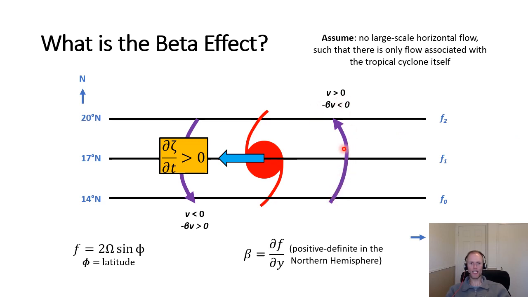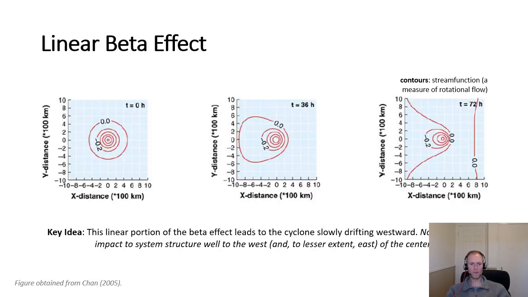The flow is from south to north, or along the positive y-axis, so V is positive. Beta, of course, is positive once again, but this leading negative, negative, positive, makes the whole thing negative, which means that our relative vorticity tendency is negative in this case. So assuming no large-scale horizontal flow in this case, we're going to direct the tropical cyclone from east toward the west, toward this area of positive or cyclonic vorticity tendency that we see there.